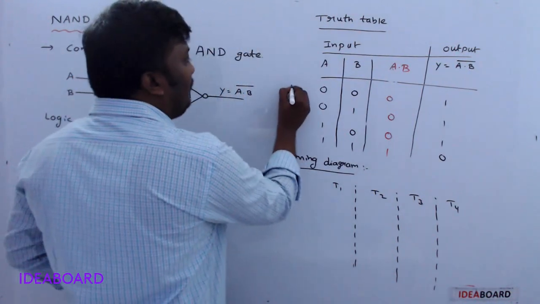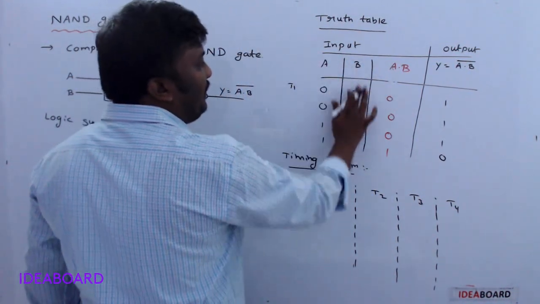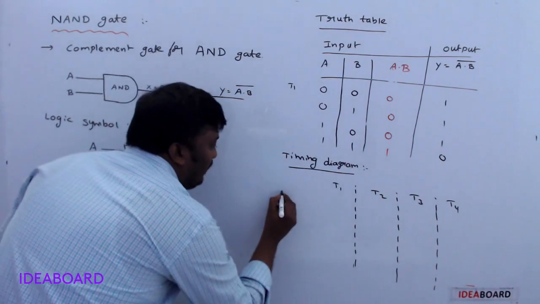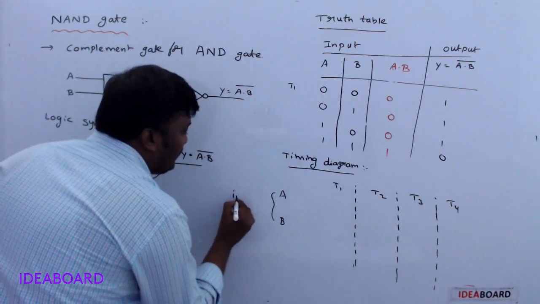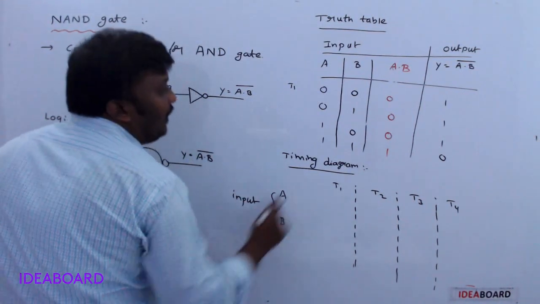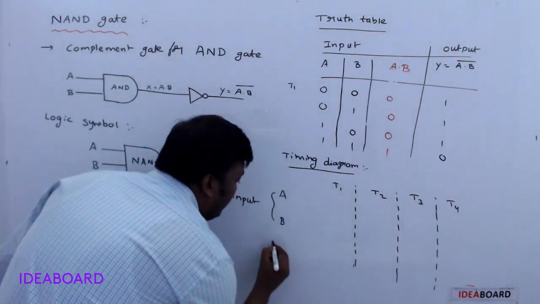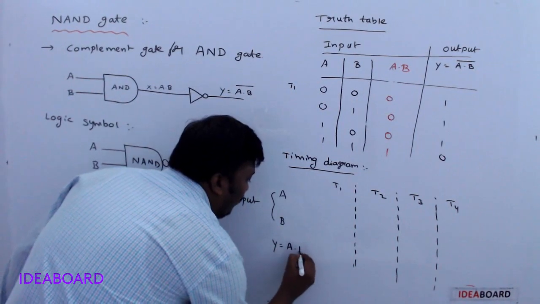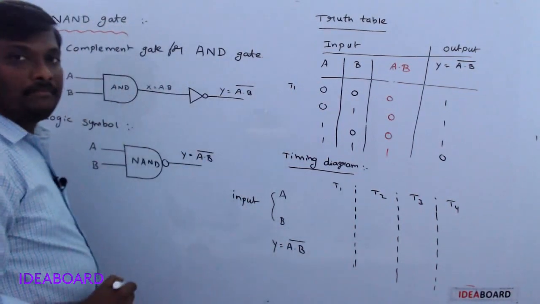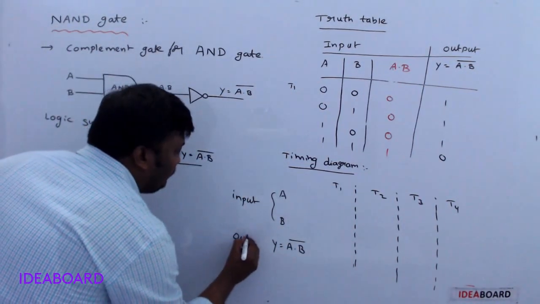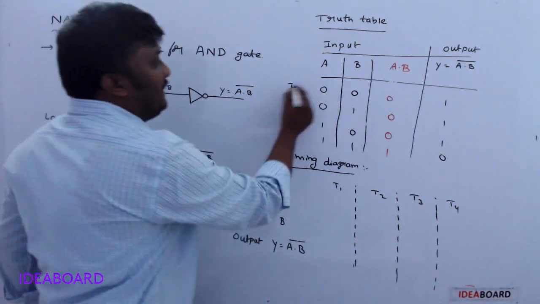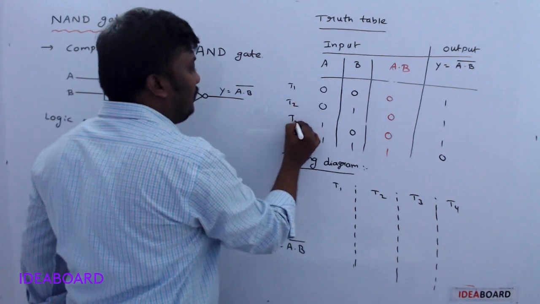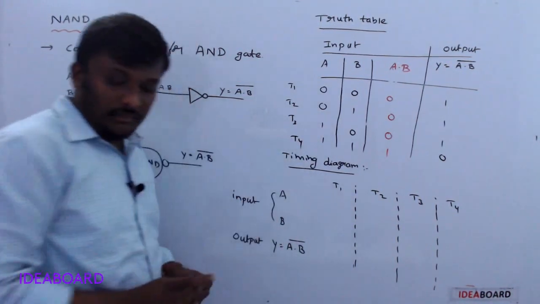So at a particular T1, A value is 0, B value is 0. So take A and B here. These are inputs, and we get the output as Y is equal to A dot B bar. This is the output. Okay. So this is T1, T2, T3 and T4.